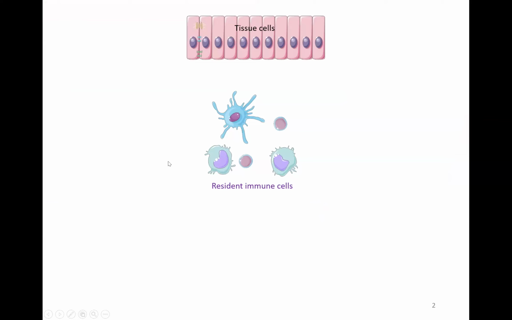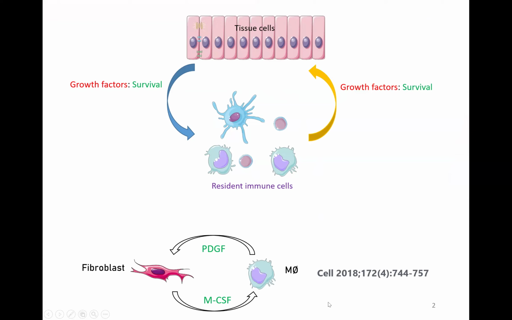Almost every tissue has its own pool of resident immune cells. On one hand, the tissue cells will provide growth factors for the survival of the immune cells. On the other hand, the immune cells will secrete growth factors for the survival of tissue cells. This mutual reliance is manifested in an in vitro co-culture system in which the macrophage and the fibroblast provide growth factors for each other.